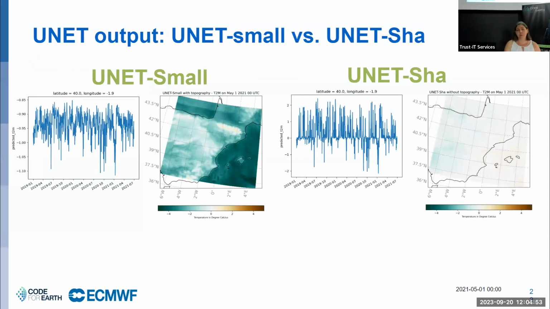We see the topography in the predicted residuals, and you don't see them in the SHA, which did not use topography as additional target. So this is one of the reasons why the small UNet did not work out as we thought, and why we think that if using residuals as input to something like a UNet, not using topography as additional target is advisable.